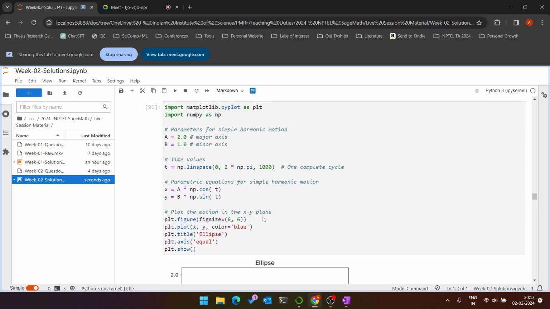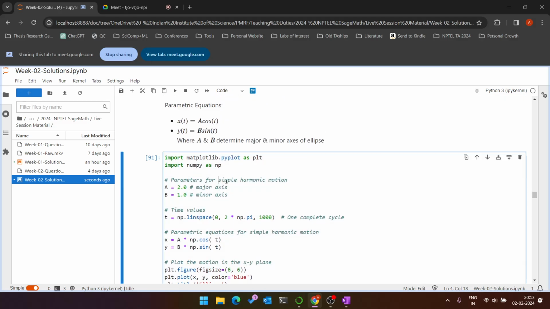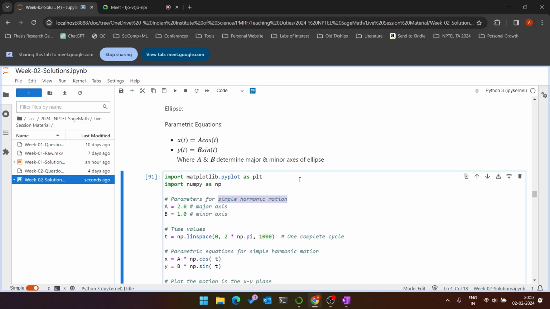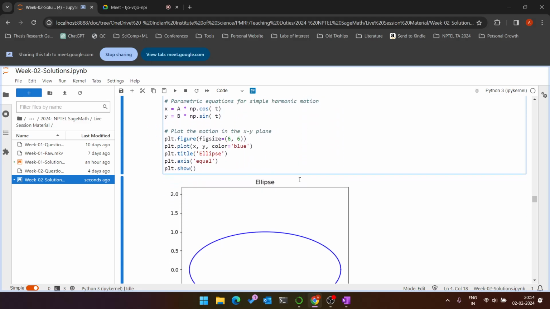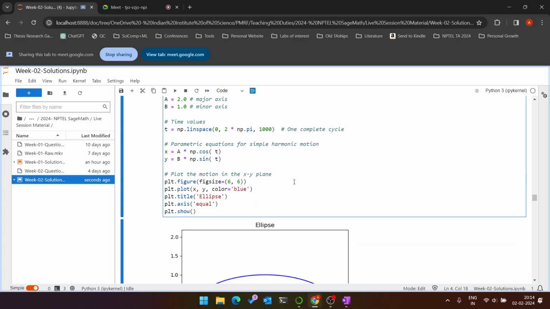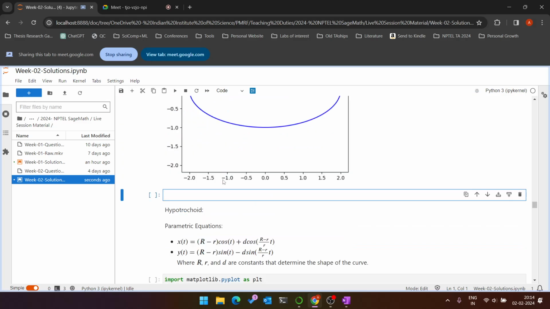Where does this occur? The most common example of this occurring is in simple harmonic motion, wherein you can have something called a phase plot. So, phase space plots in simple harmonic motion.